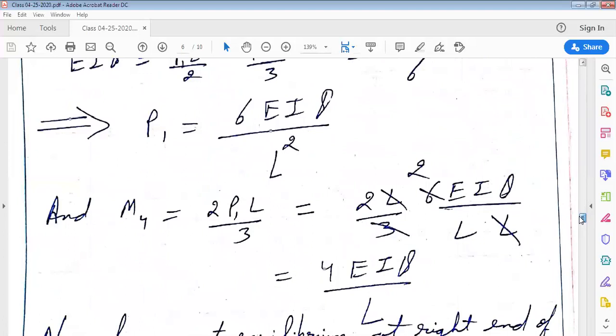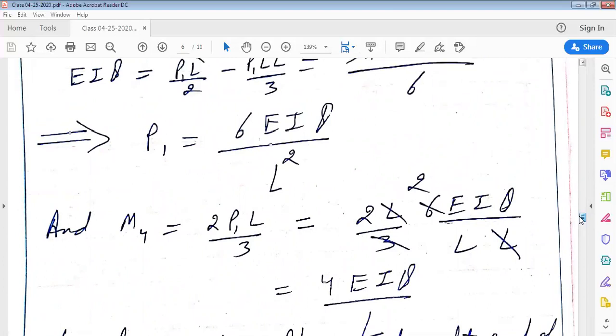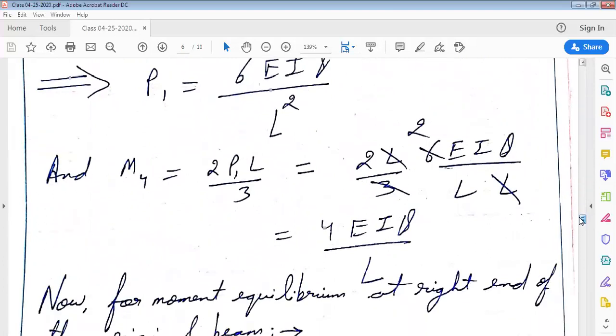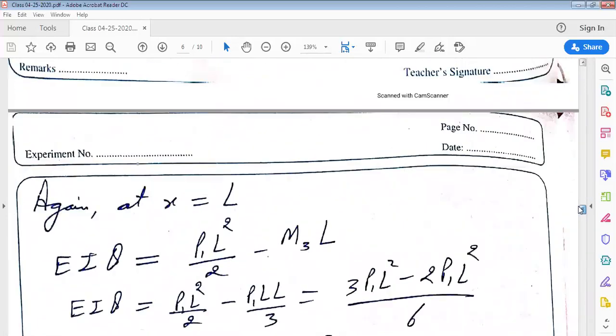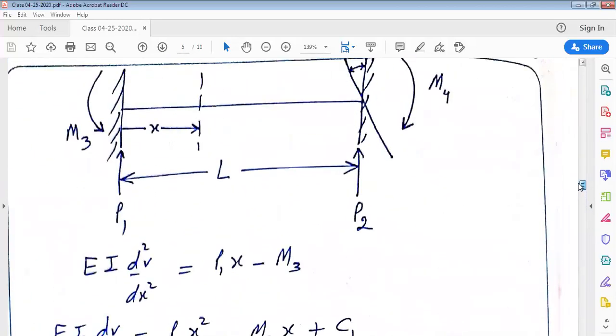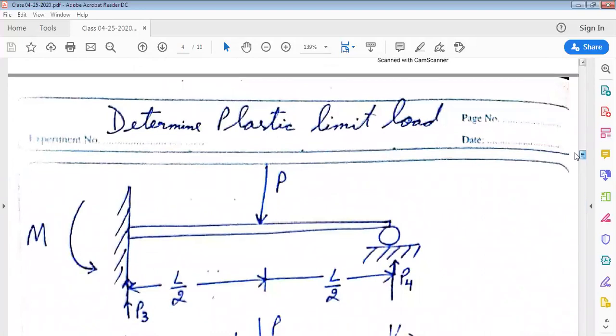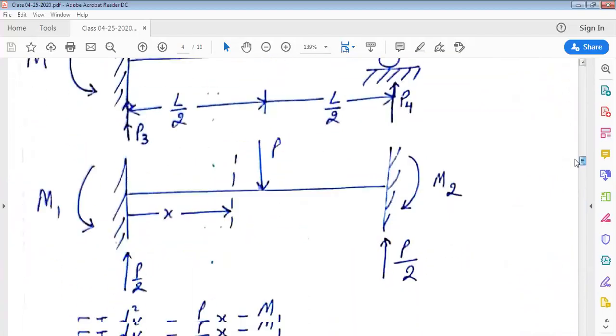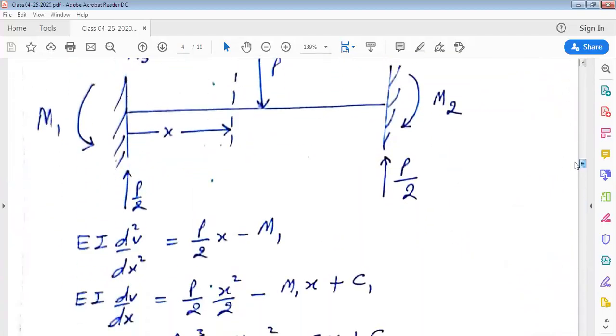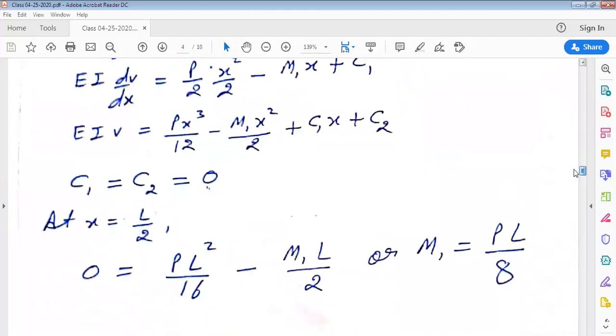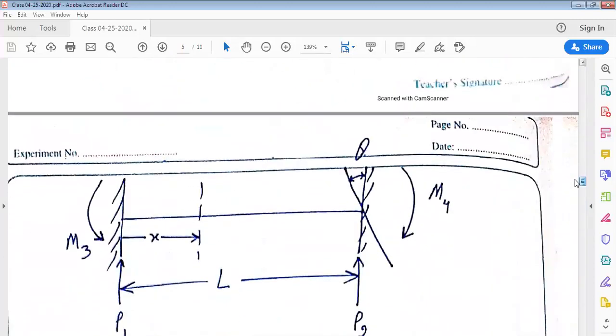And we can find out that capital M4 equal to 4 EI theta by L. Now, we will argue that this particular configuration is the original configuration, and this configuration is obtained when we add this particular configuration to this particular configuration.